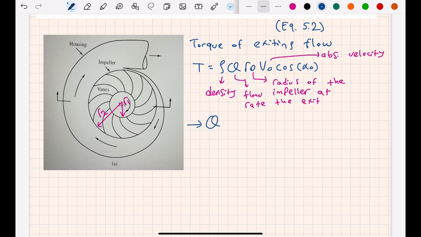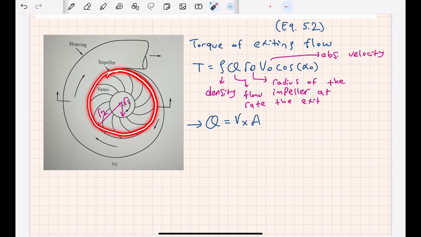Q is normally velocity times area. But here, since we are dealing with the flow rate inside of this area, we need to convert our terms based on these vanes. Since the cross-section area for the flow is attached to these vanes, we need to use the velocity relative to the blade to calculate the fluid's flow rate.